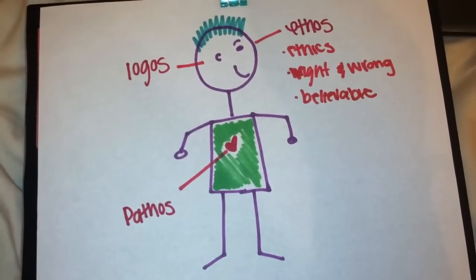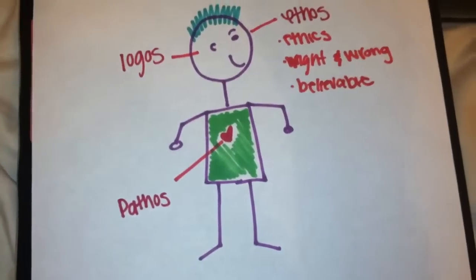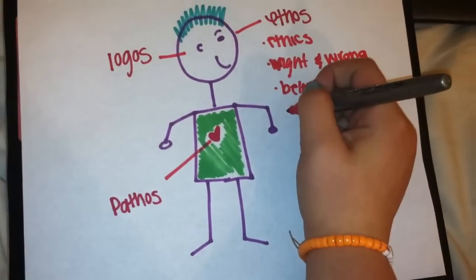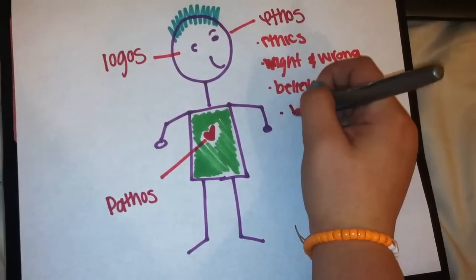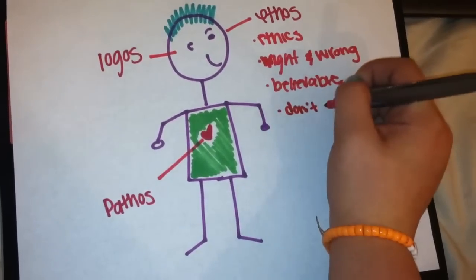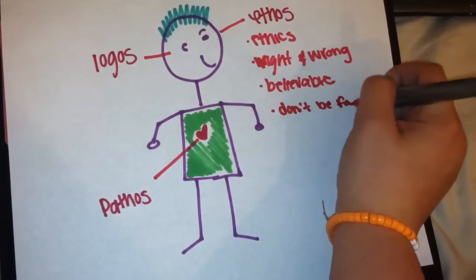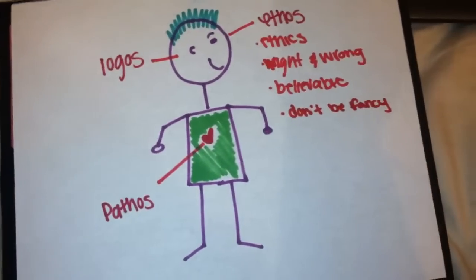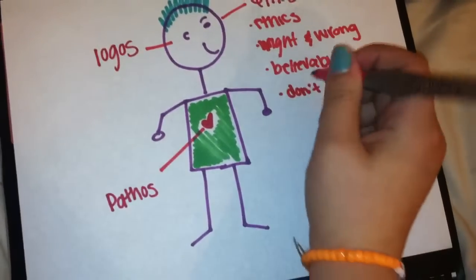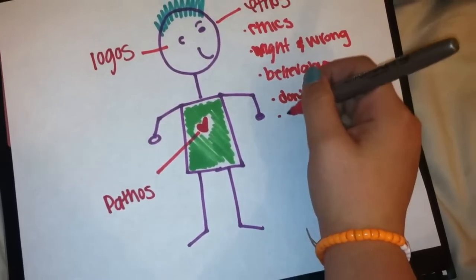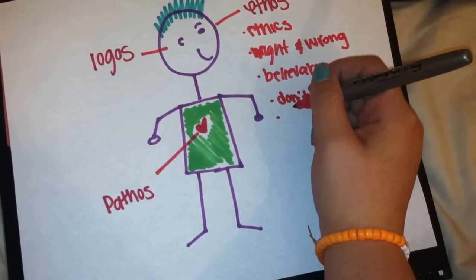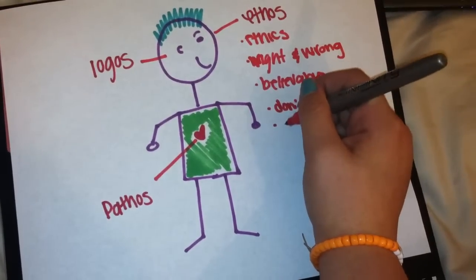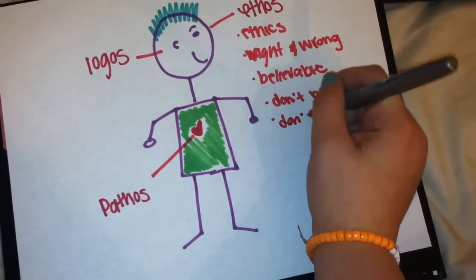Some tips to portray ethos are: don't use overblown language, or don't be fancy. Nobody likes a know-it-all. Show them you have considered both sides of the argument, or simply don't be arrogant.